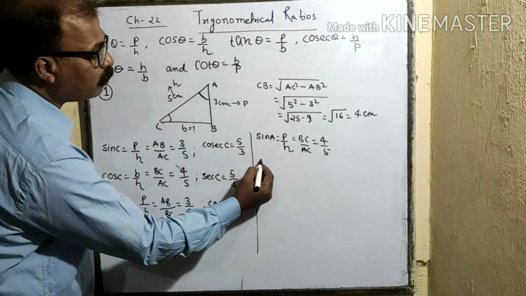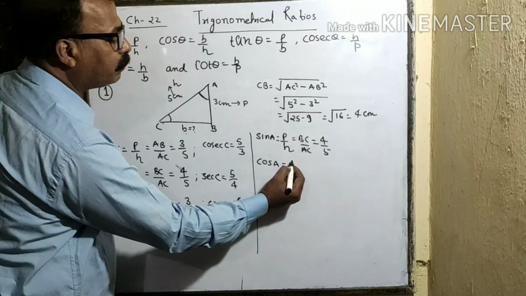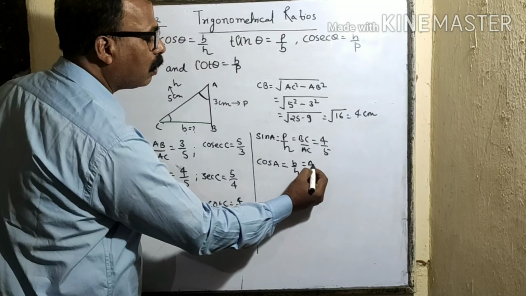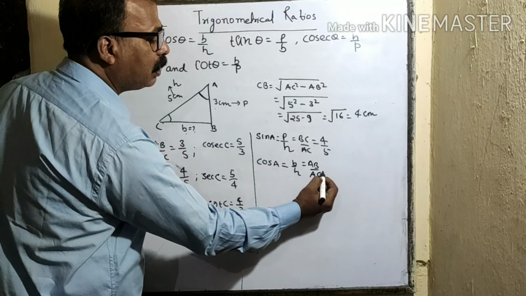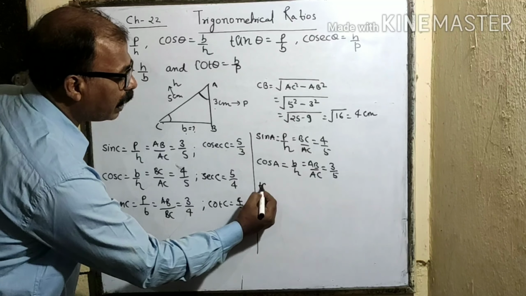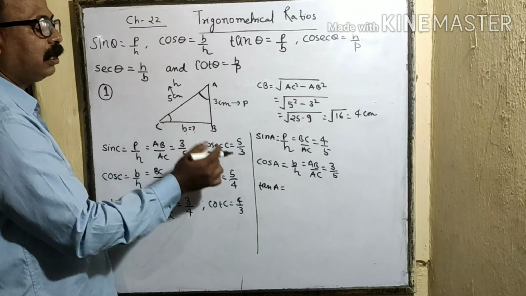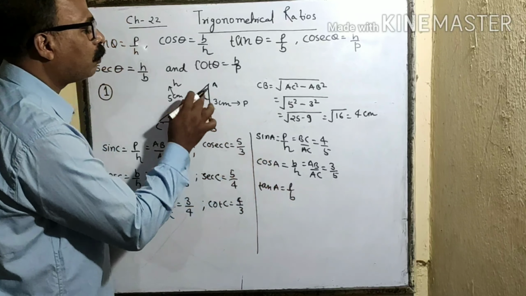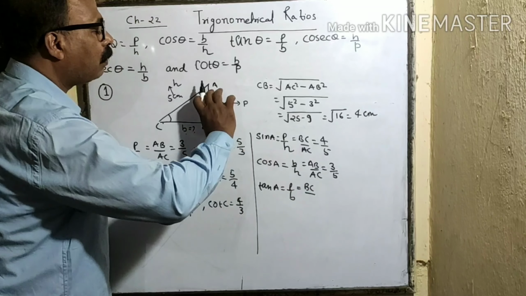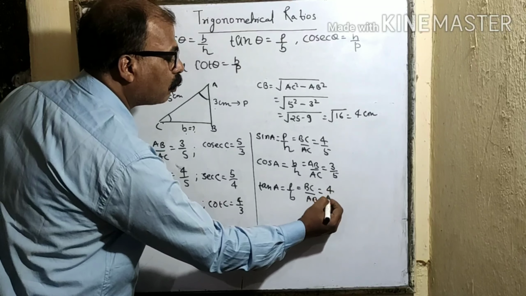If cos A is to be calculated, cos A will be B by H. For angle A, B is AB, and H is AC, so it is 3 by 5. If you have to find tan A, tan theta is equal to P by B. For this angle A, P will be BC, and B will be AB. So this is 4 by 3.